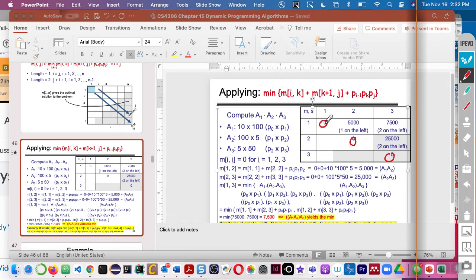So we got the diagonal values 0, 0, 0. Up to this it is straightforward, right? Then we will fill out the remaining 3 cells.